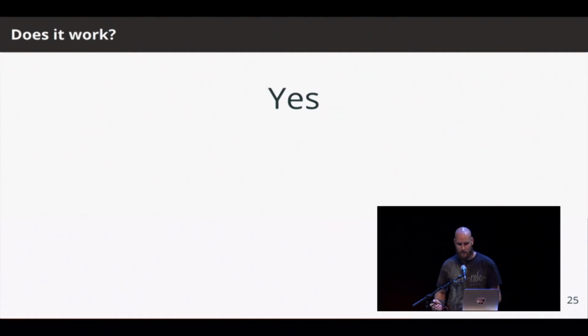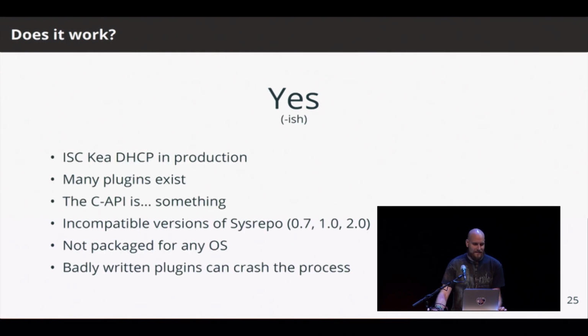So does this work? I've done a project for this. And the answer is yes-ish. There is the ISC Kea DHCP server that is fully modeled with YANG and uses NETCONF for configuration via netopeer.